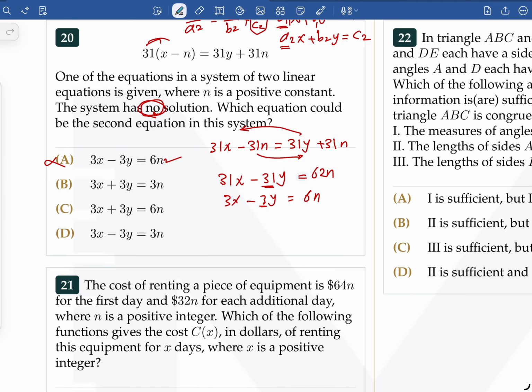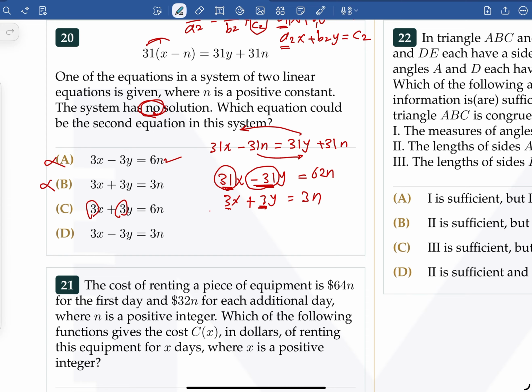Let's check B. 31 divided by 3 is not the same as negative 31 over 3. This is positive and this is negative. They are not the same. So B is incorrect. And it's also the same case for letter C. 31 divided by 3 is not the same as negative 31 divided by 3. But what about the last one?